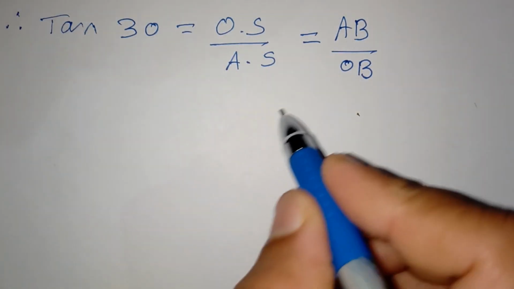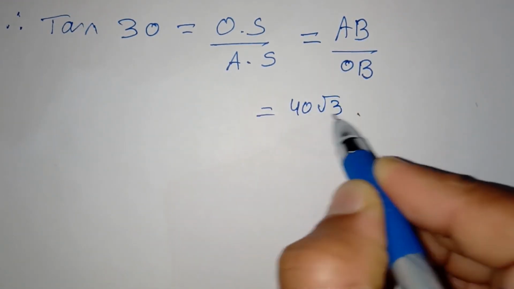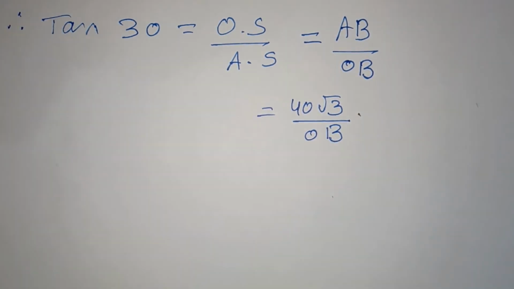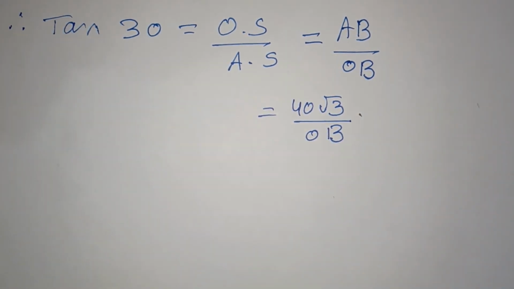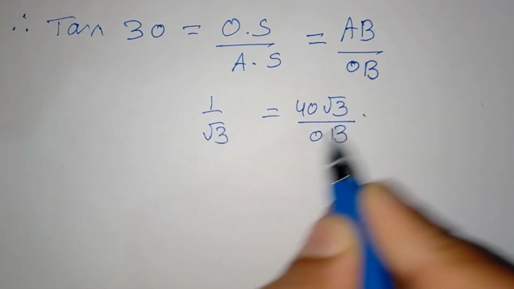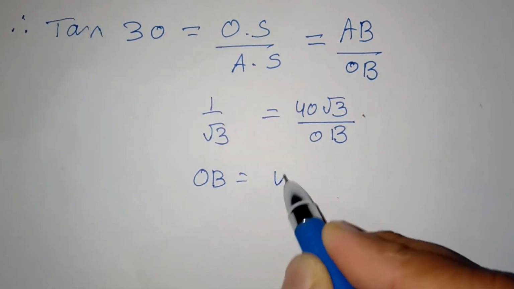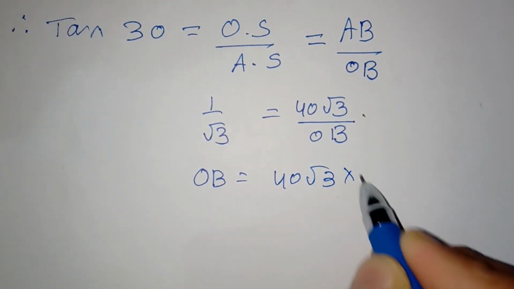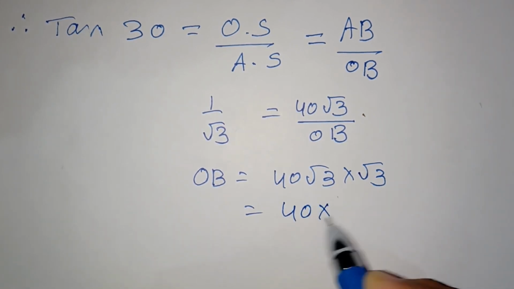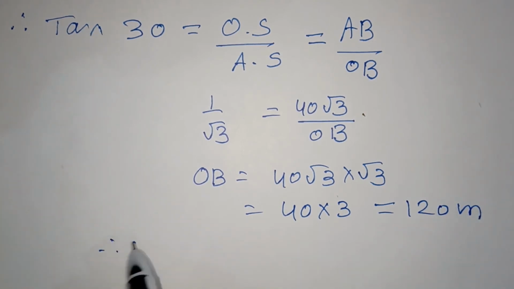Therefore, AB is 40 root 3 divided by OB. We know that the value of tan 30 is 1 by root 3. Cross multiplication: 40 into root 3 into root 3. Root 3 into root 3 is 3, so 120 meters. Therefore, OB is 120 meters.